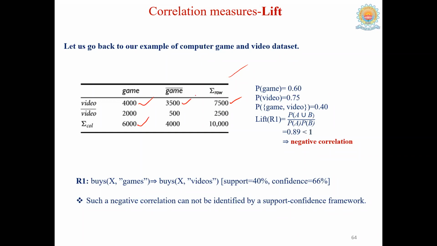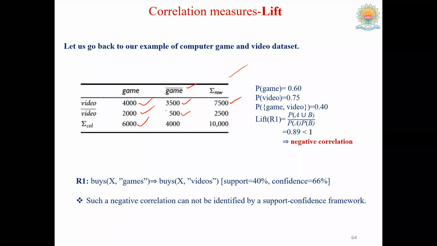And here 3,500 is the number of transactions which contain neither games nor videos. Similarly, here 2,000 indicates the transactions consisting of both game and video. Similarly, here 500 indicates the transactions which do not contain videos and games. Here this bar indicates the absence of that item in the transaction.